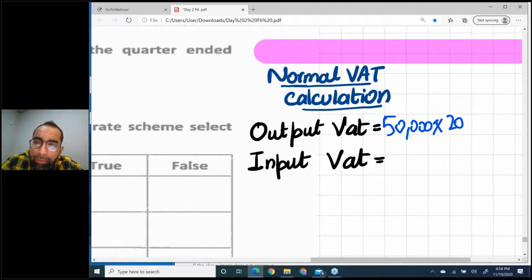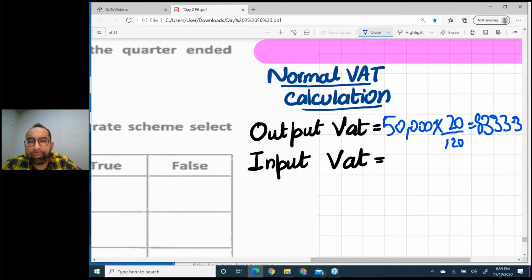Come on, 50,000 into 20 upon 120 is how much? 8,333.3. Okay, this is output VAT.